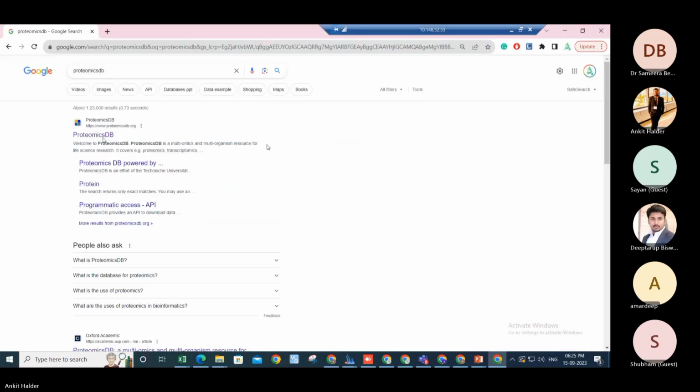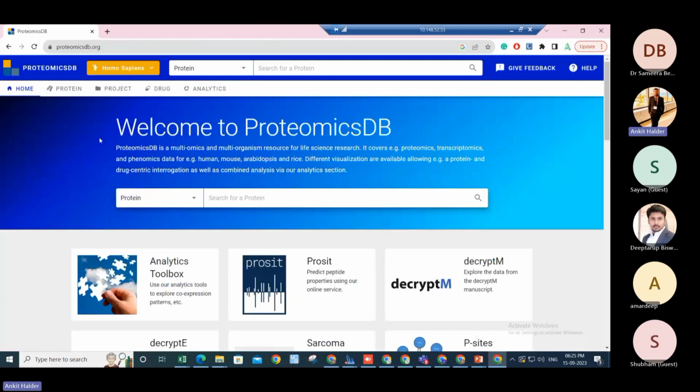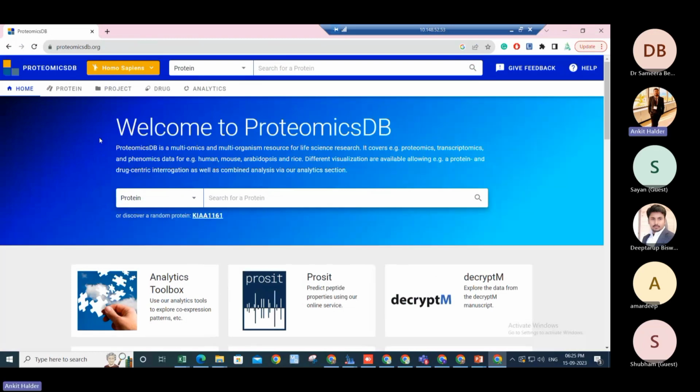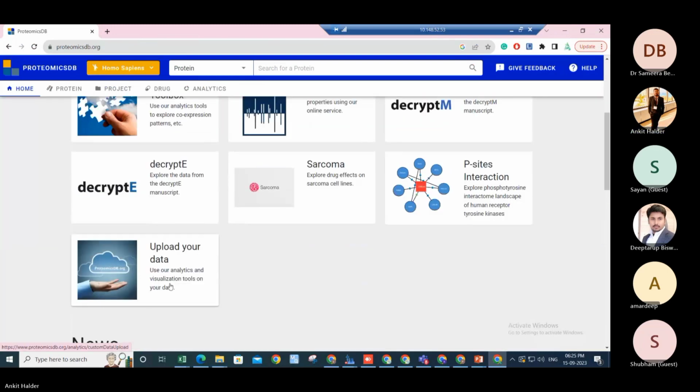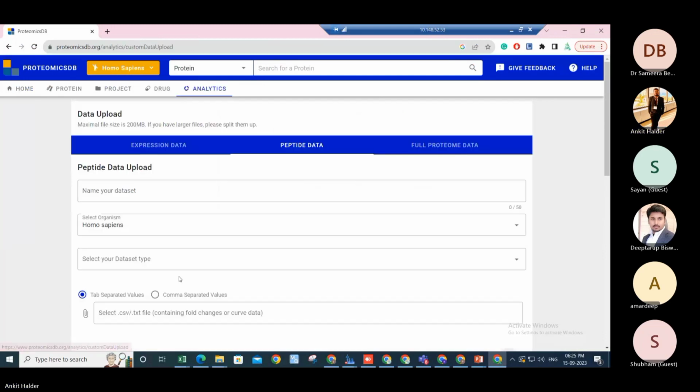It would also be good if you all can go and search it and look for it. This is the interface. You can upload your own data as well, to use their analytics and visualization tools on your data.